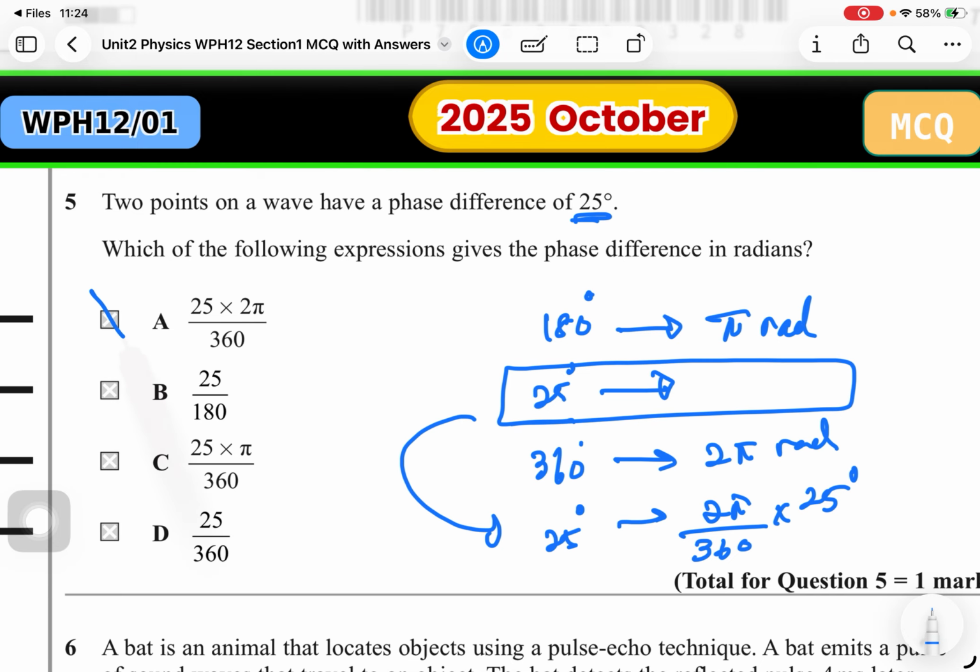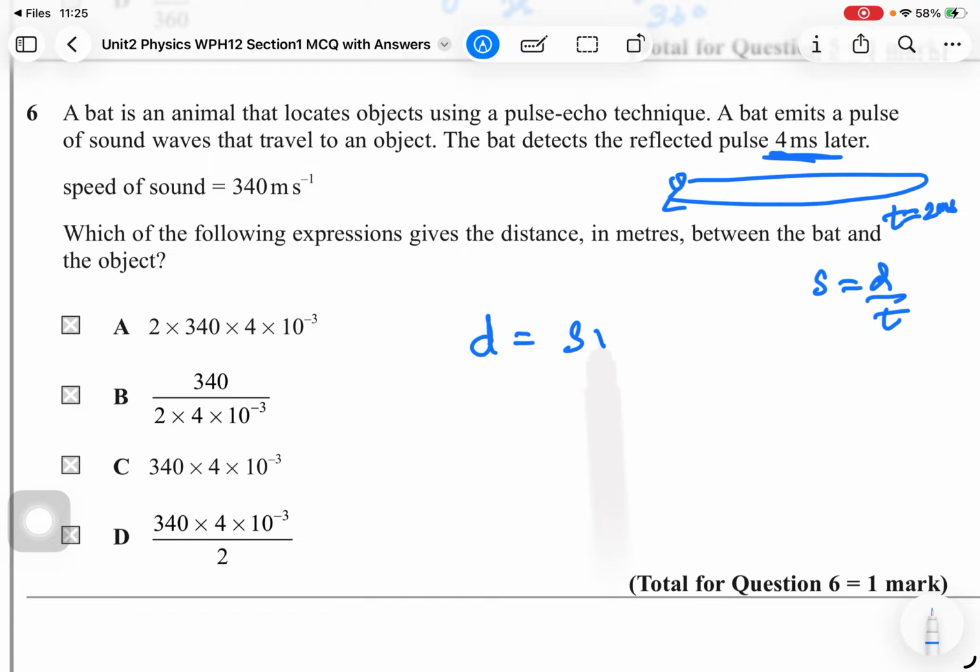For question number 6, a bat is an animal that locates objects using pulse echo technology. The bat emits a pulse of sound that travels to an object and returns 4 milliseconds after. The sound has to go and come back, so the distance uses half the time, 4 divided by 2. Speed is d divided by t, so d is speed times t.